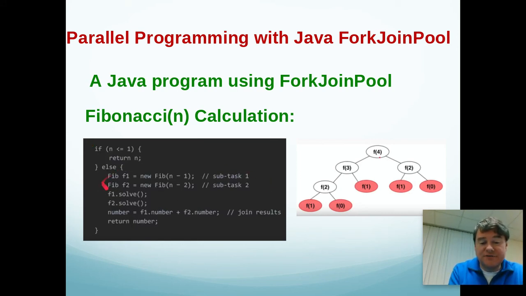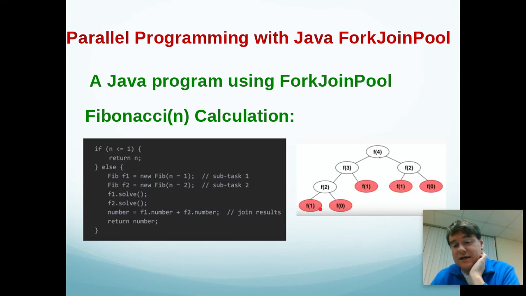Otherwise, you're going to have to calculate what the Fibonacci of n minus 1 was and the Fibonacci of n minus 2 is, get those answers, add them together, and that is your result. And of course, that's going to result in some form of a tree. To get the Fibonacci of 4, you need the Fibonacci of 3 and 2, and to get each of those, you're going to have to go off and compute all the different things until you can finally get an answer.